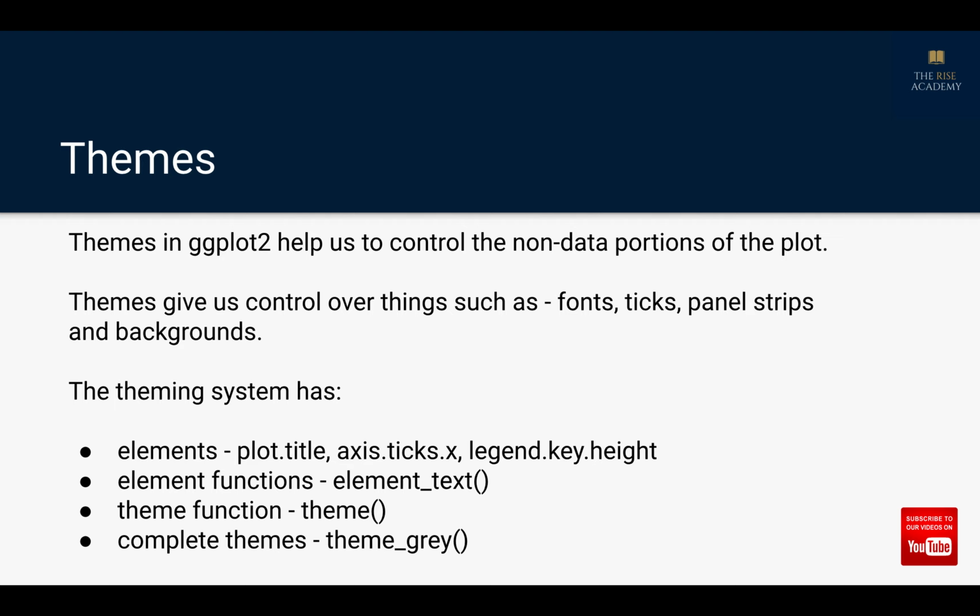So in ggplot2, the theming system has elements, which basically are all the different elements that are available to you, like plot titles, the axis, the legends, and then the functions which help us to customize all these different elements. And then they all go into the theme function, and then we also have complete themes, which are built-in themes present in ggplot2, which you can either use directly, or you can customize them, or you can build your own themes from scratch.